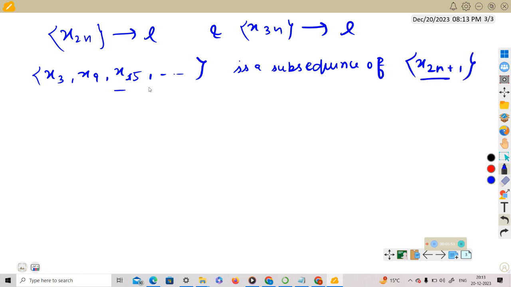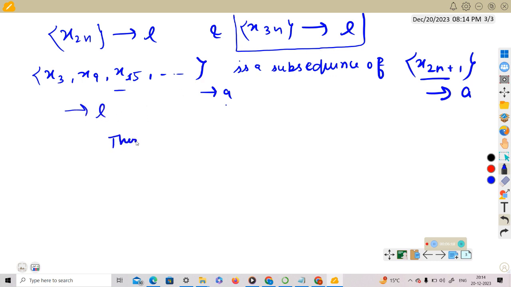It is given that x2n+1 converges to A, so this must also converge to A. But it is also a subsequence of x3n, which converges to L. Thus, L is equal to A.